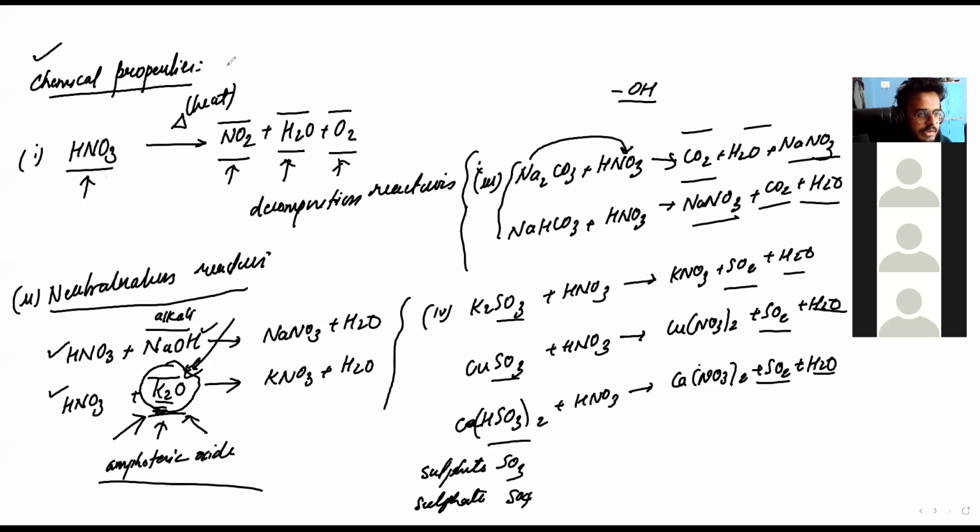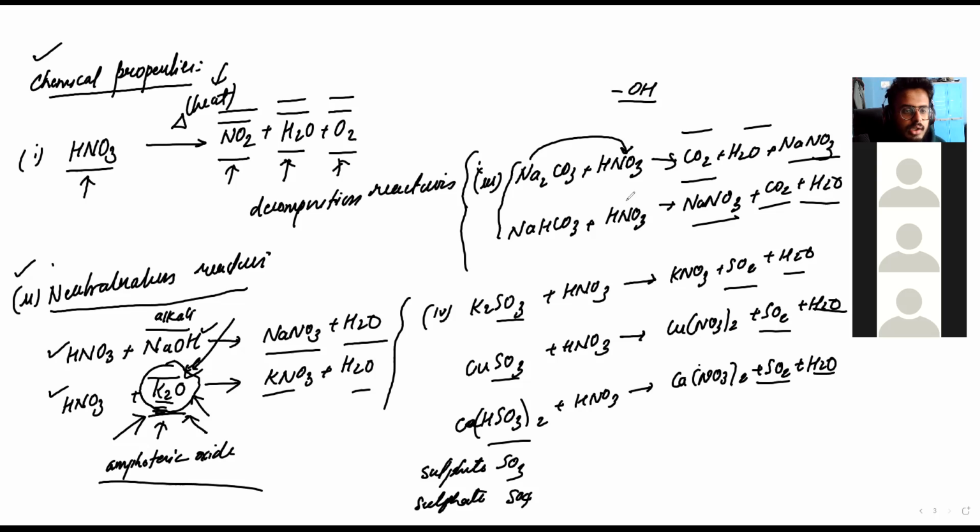So the chemical properties are very simple. Nitric acid when subjected to heat will decompose into nitrogen dioxide, water, and oxygen. Neutralization reaction: because it is an acid, it can react with alkalis or bases to form salt and water. It can react with basic metallic oxides or amphoteric oxides as well.